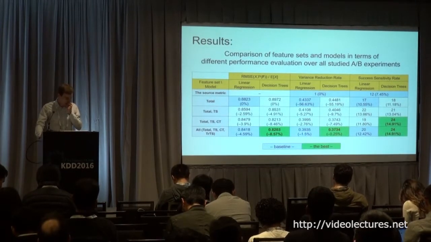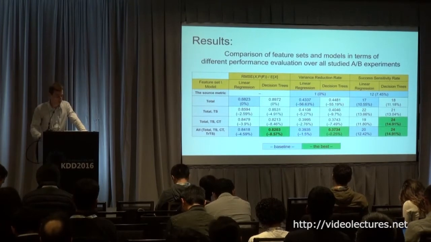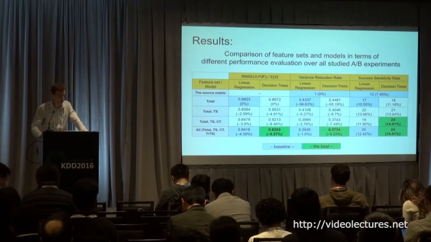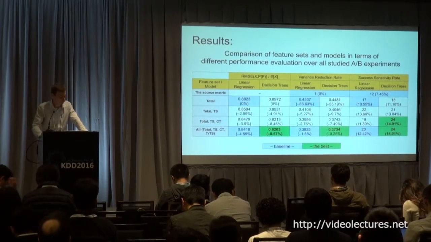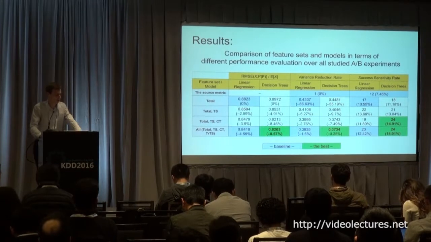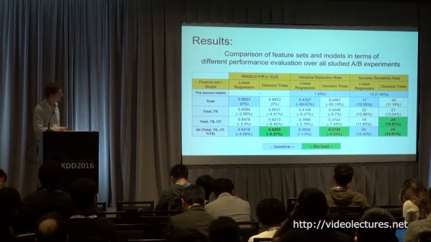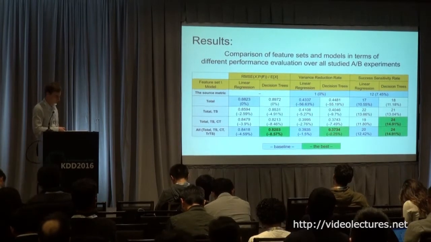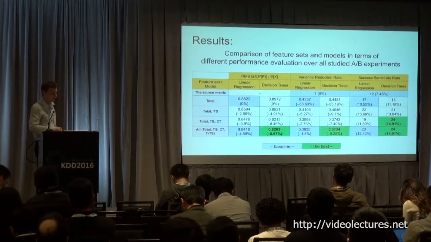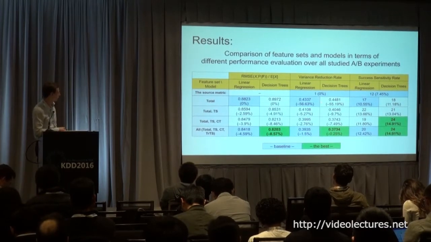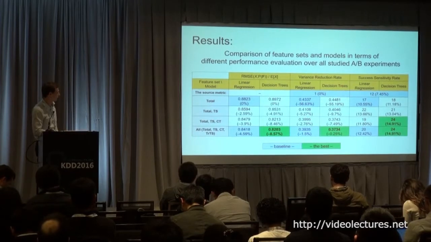So in this table, we present a comparison of feature sets and models in terms of different performance evaluation criteria over all studied A/B experiments. We see that our approach outperforms all baselines, demonstrating 63% of improvement with respect to the variance reduction rate. So in this column, we have experiments on variance reduction rate.